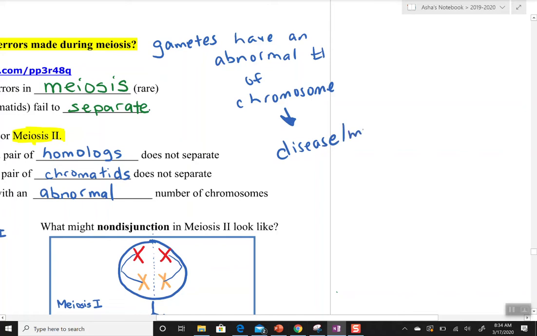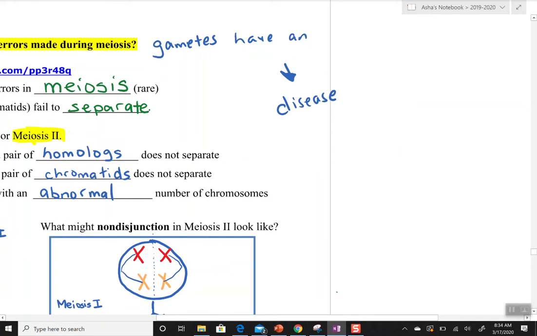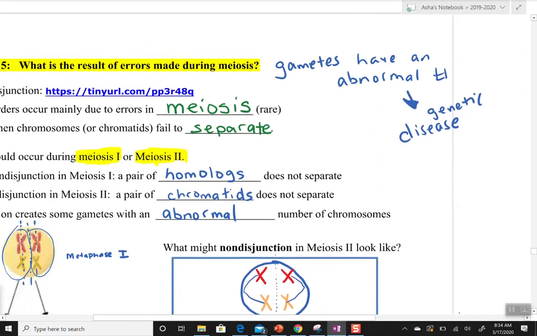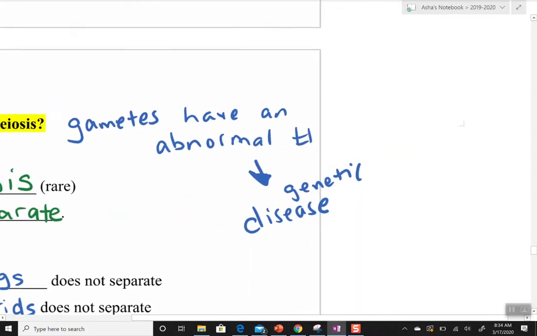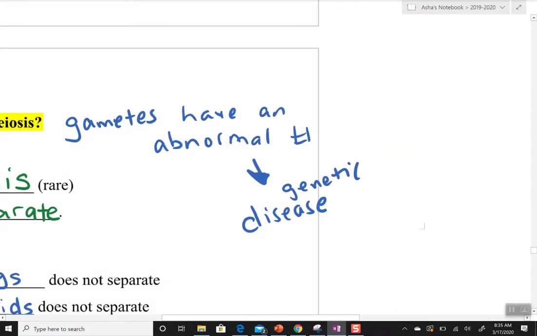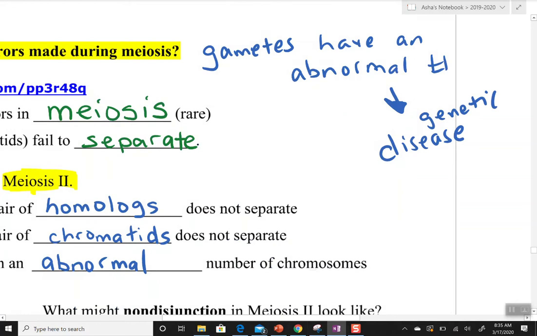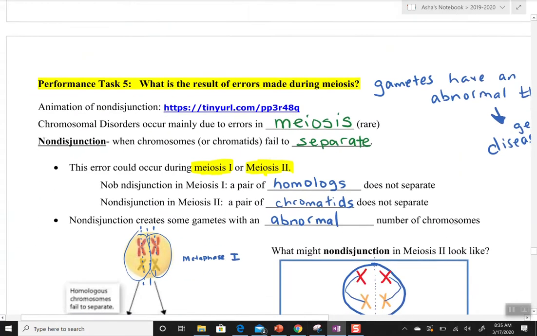Some type of genetic disease. Let's put that it leads to a genetic disease. So obviously for your summaries, I'm going to expect something a little bit more chunky than what I have here, something more in detail. But at least we can say that we wrapped up this lesson together.